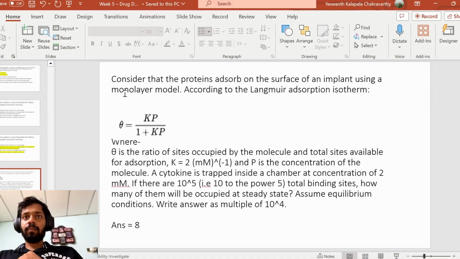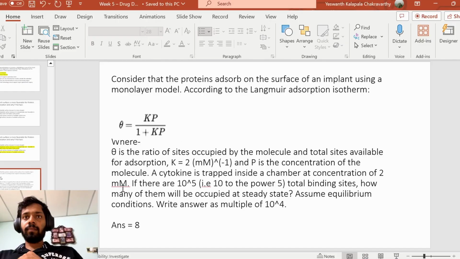So that's theta here. And now we know K is equal to 2 per millimolar, and P is the concentration of the molecule, which is 2 millimolar. Now what they're asking is, if there are total of 10 to the power 5 binding sites, how many of them will be occupied at the steady state?